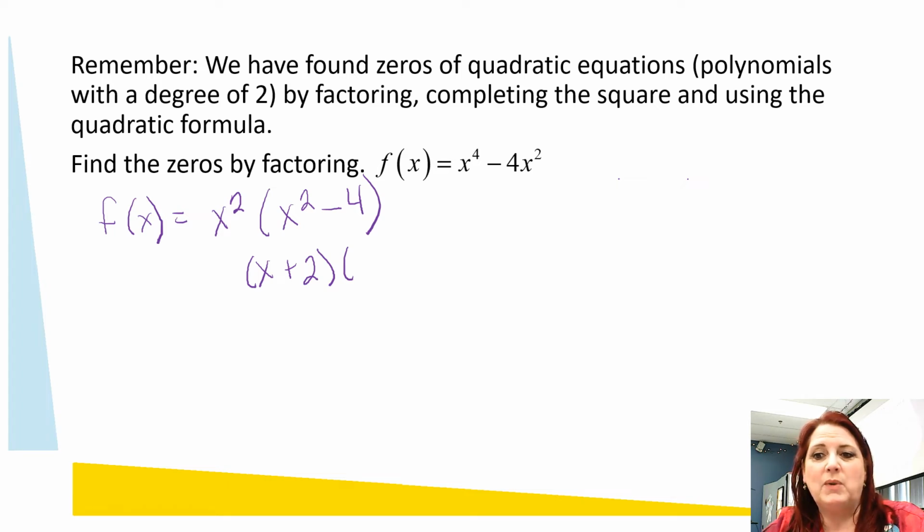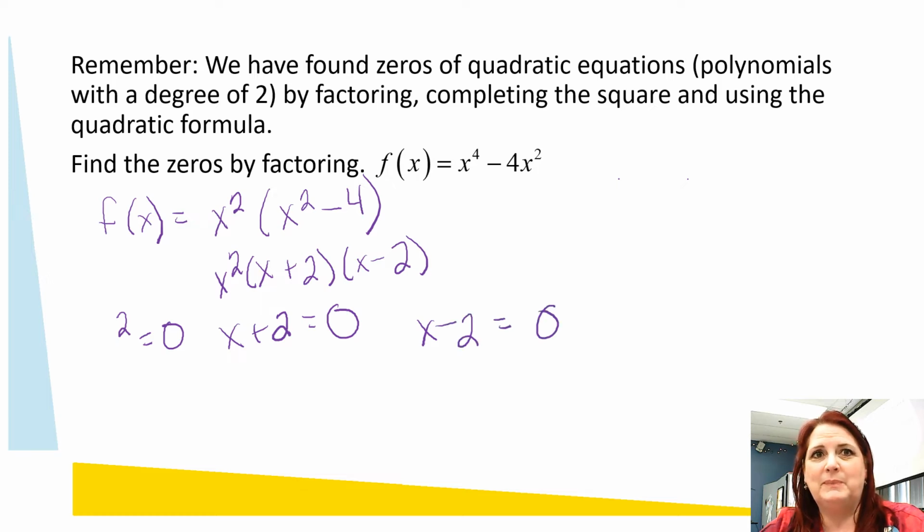Now, we're going to set each one of those factors equal to 0. x squared equals 0. x plus 2 equals 0. And x minus 2 equals 0. So x squared is equal to 0. The square root of x squared is x, and the square root of 0 is 0, whether it's positive or negative.